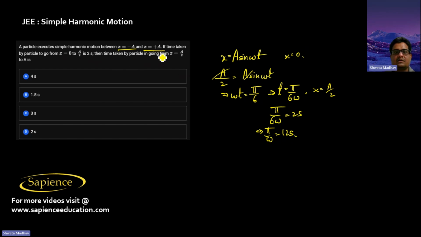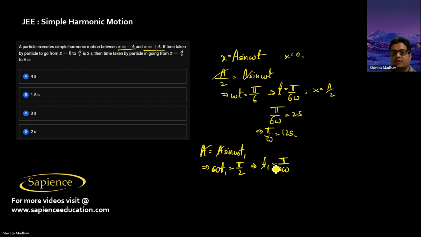Now the time taken by it to go from x equal to a by 2 to a: it will reach a at, suppose, t1. Then sine omega t1 is 1. Omega t1 should be equal to pi by 2. Therefore t1 is pi by 2 omega.